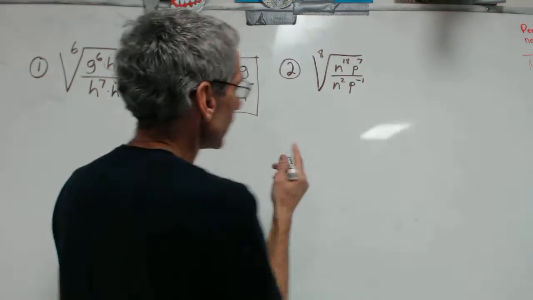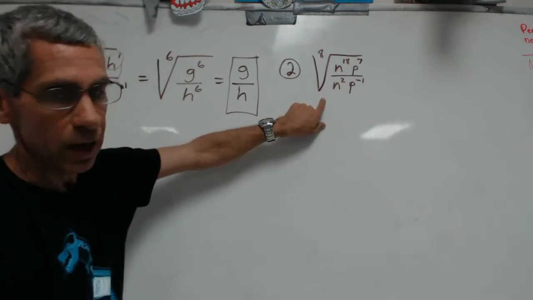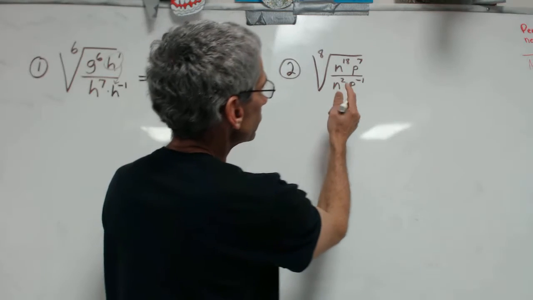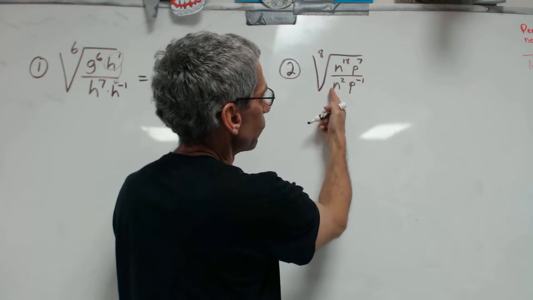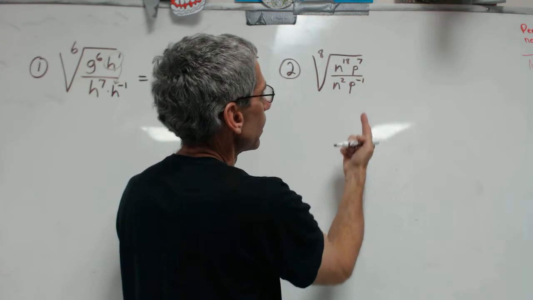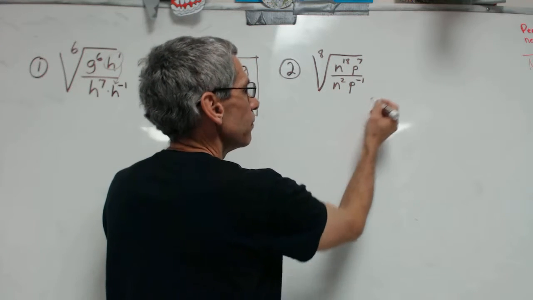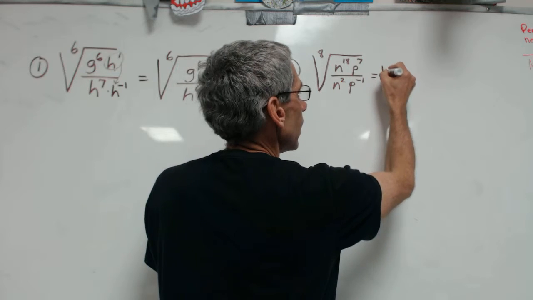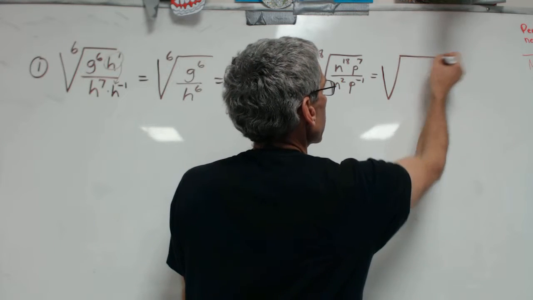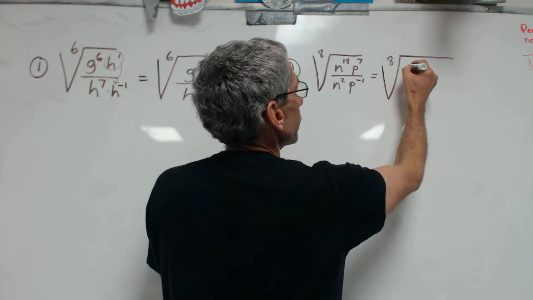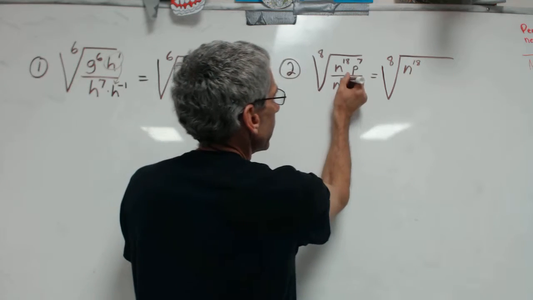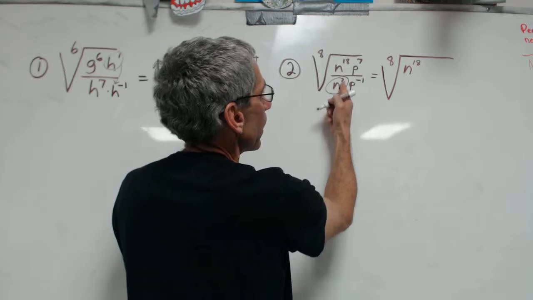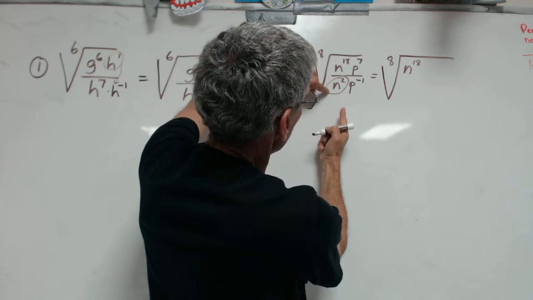All right, so we're going to use some of the same principles on number 2, on this one. It's the eighth root of n to the 18th, p to the 7th, over n squared, p to the negative 1. So I'll write it out so you can see what I'm doing. If I write n to the 18th, and I bring the n squared upstairs, because I have n's upstairs and downstairs.